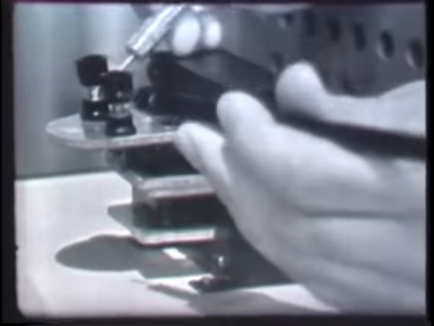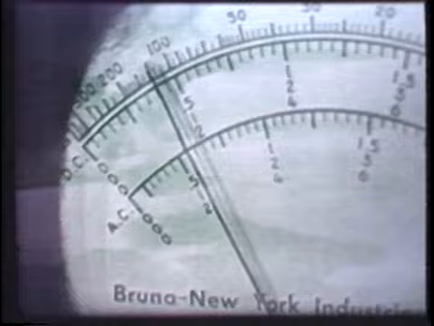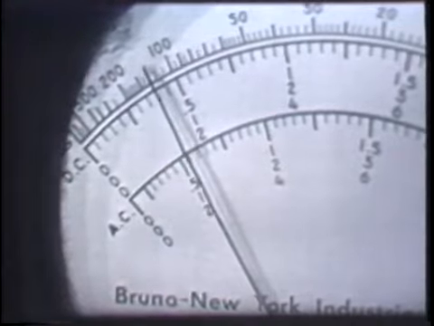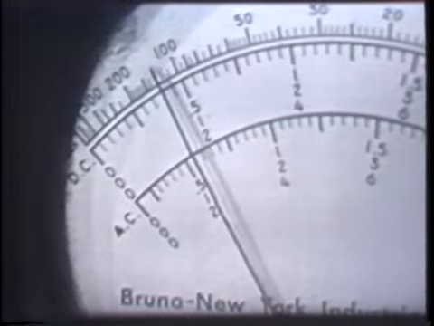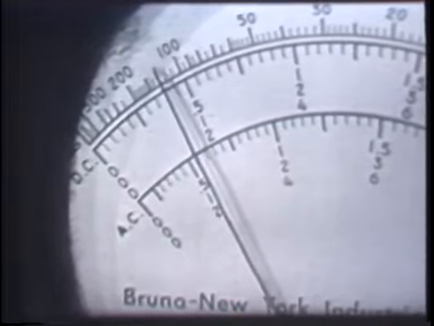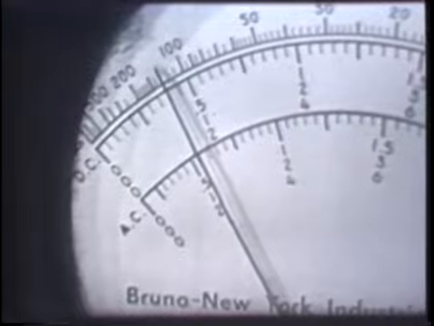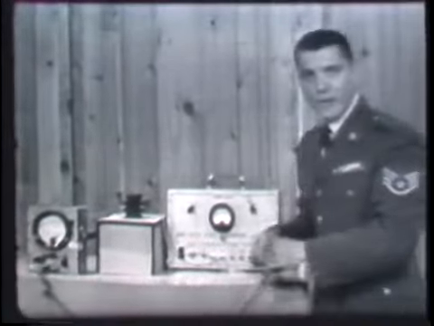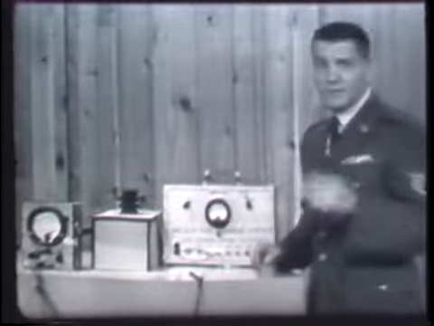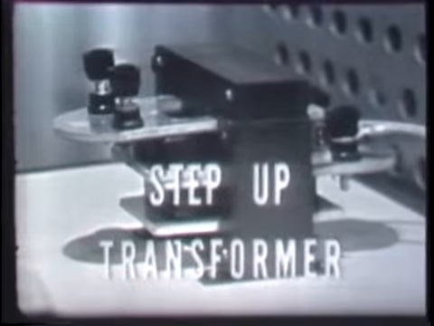So, let's go ahead then and see how much voltage is available at the secondary. If we take a look at the AC scale now, and it'll be the middle row of numbers, you can see it indicates 11 volts are available at the secondary. Now, since this is greater than the 6.3 volts applied to the primary, this then readily tells us that this transformer is a step-up transformer.